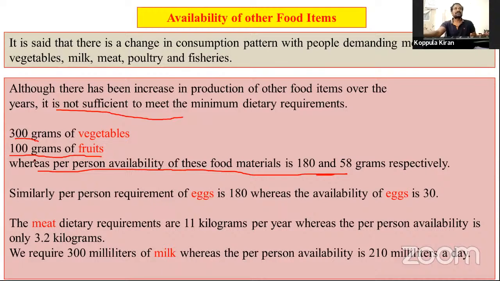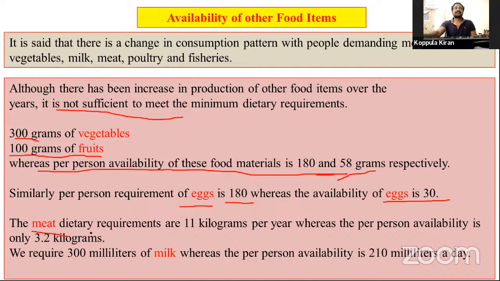Similarly, fruits. Per day, we have to take 100 grams of fruits, but we take only 58 grams. Similarly, per person requirement of eggs is 180 eggs per annum. Per person, we have to take 180 eggs per annum. Actually, we had only 30 eggs.